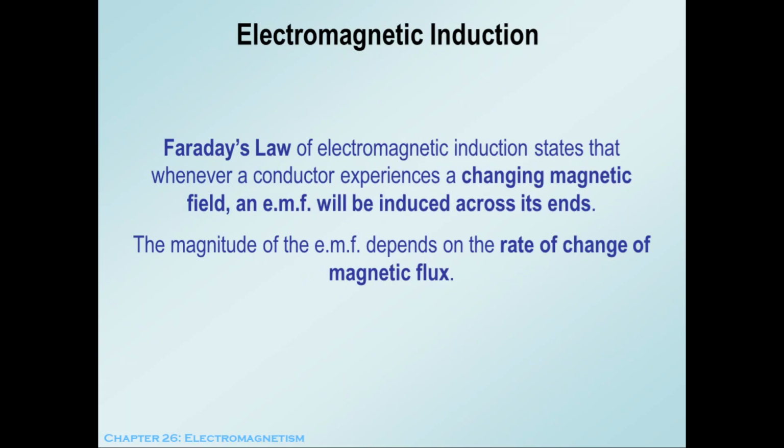So we have Faraday's law, which states that whenever a conductor experiences a changing magnetic field, an EMF will be induced across its ends. The magnitude of the EMF depends on the rate of change of magnetic flux. And what are three things that we learned of that can affect the rate of change of magnetic flux?